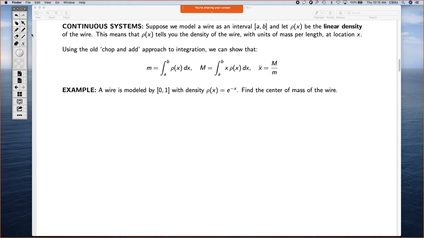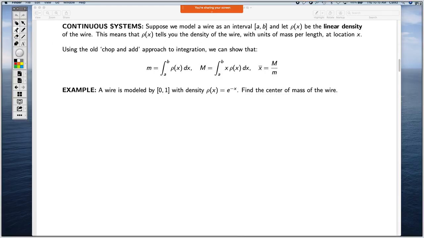Suppose we model a wire as an interval AB and let rho of x be the linear density of the wire. This means that rho of x tells you the density of the wire, with units of mass per length, at location x.